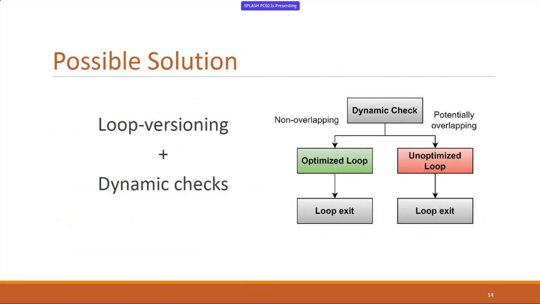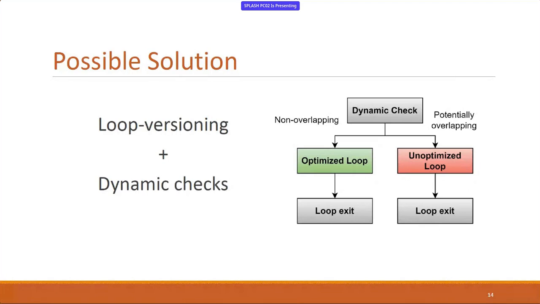That is why these approaches focus on loops. The solution combines loop versioning with dynamic checks. Such approaches create two copies of the loop, where the first copy is the original loop and the second copy is the annotated version of the loop, which involves the precise non-overlapping memory location information.